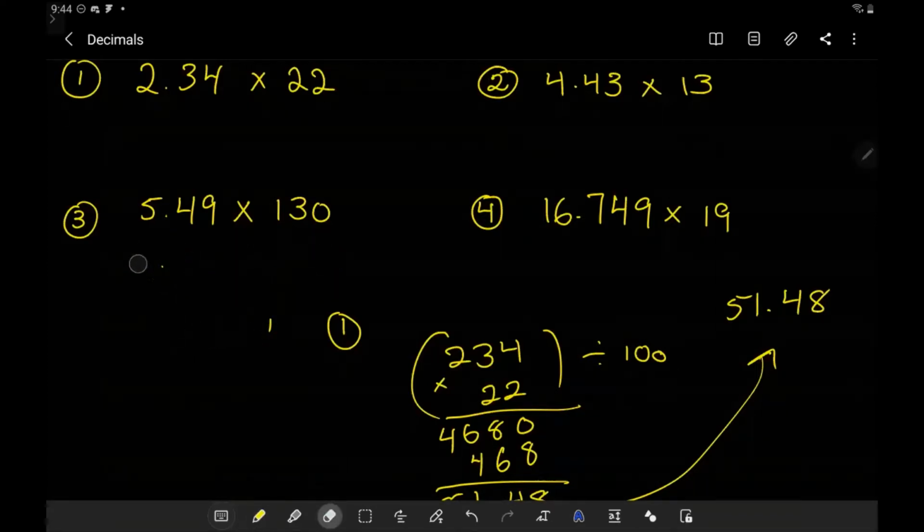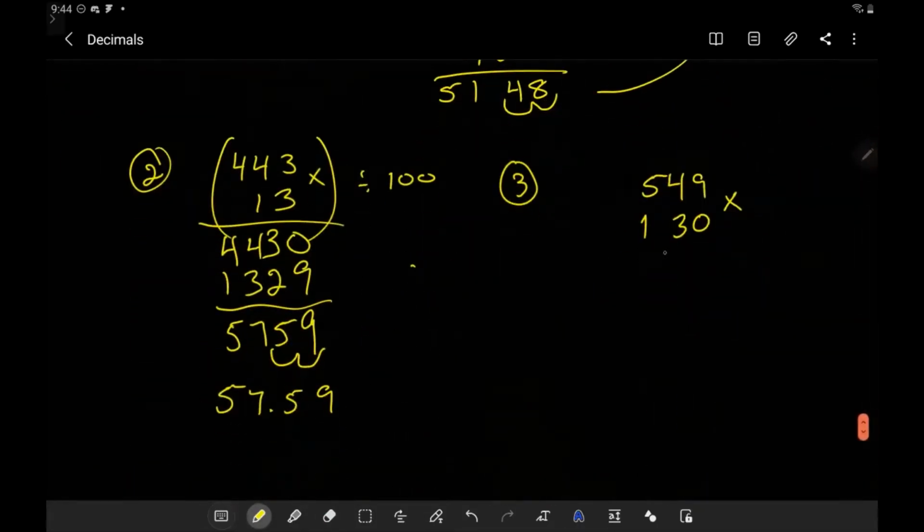All right, so let's see what that would be. Remember, we multiplied by 100, so we need to remember to divide by it. So we put 2 zeros, and we have 9, 4, 5, because we're multiplying by 1.